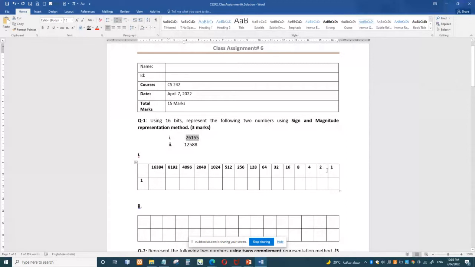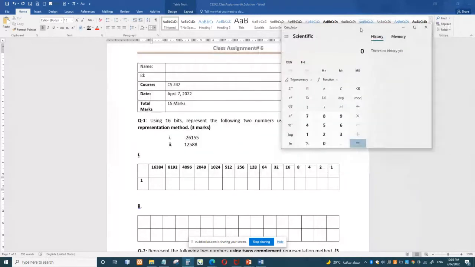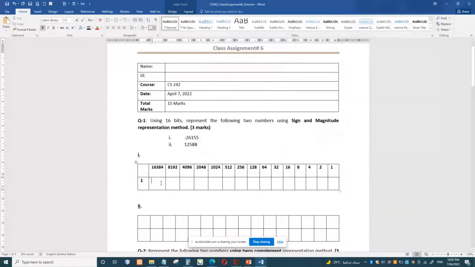Once we know the positional values, we can select the bits which are appropriate to get our 26,155. Basically, we are going to use a calculator, but you can see that 16,384 should be taken because our number is 26,155. So I have taken 16,384.